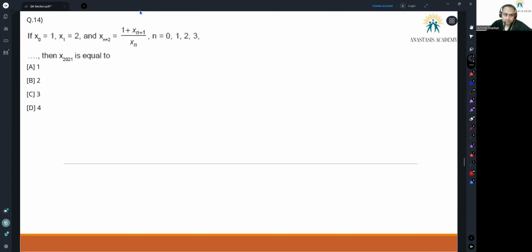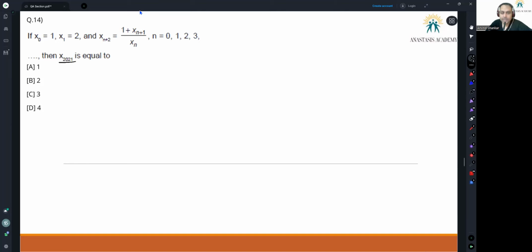Question 14. x0 is equal to 1, x1 is equal to 2, and xn plus 2 is equal to 1 plus xn plus 1 by xn, where n is equal to 0, 1, 2, 3, and so on. Finally, we need x2021. Given that we need x2021, this should give you an indication that some sort of pattern will emerge.